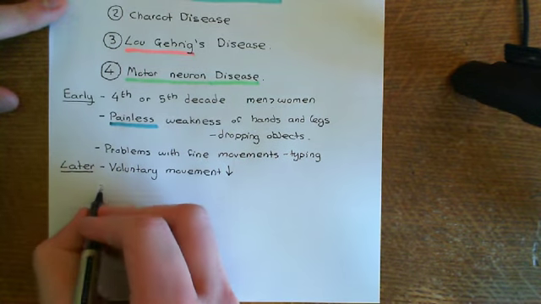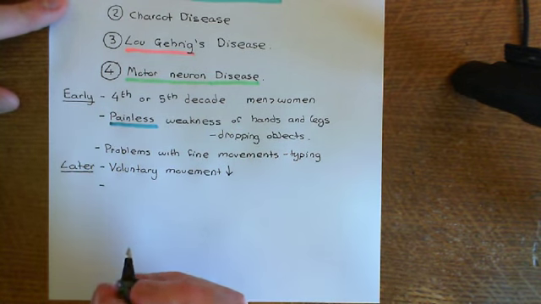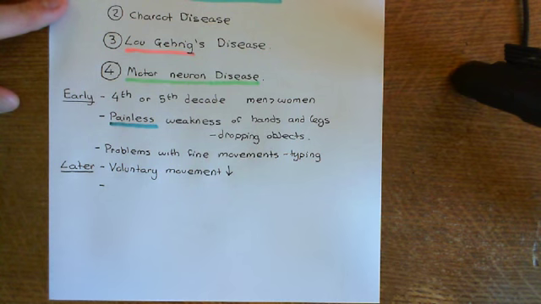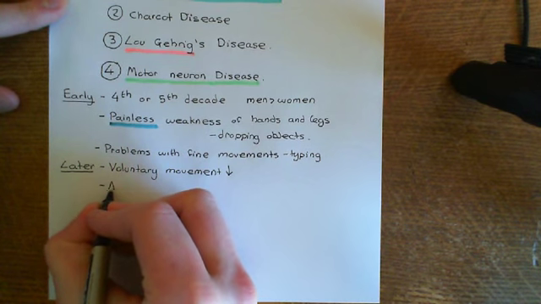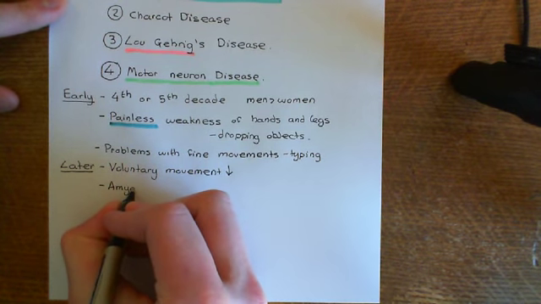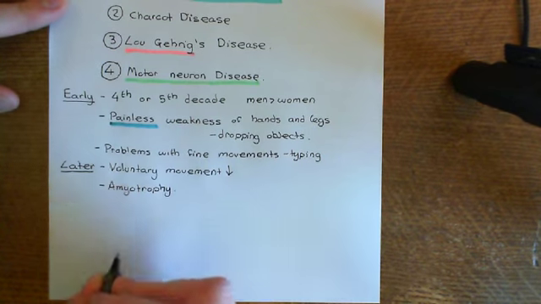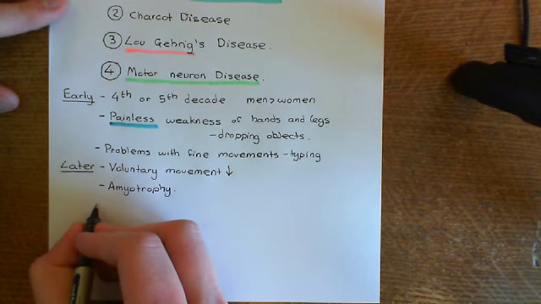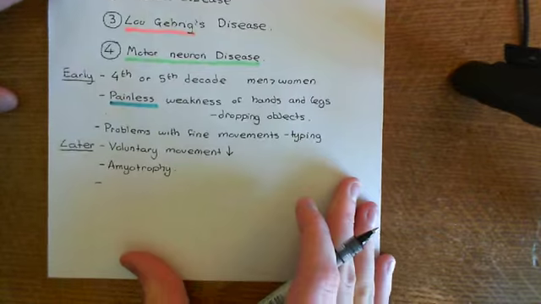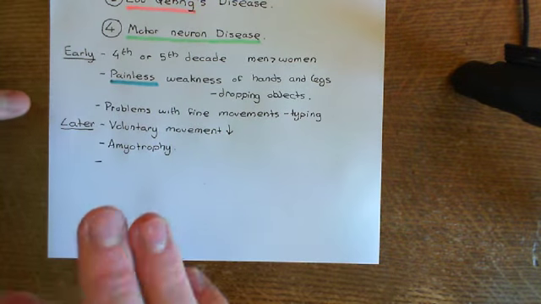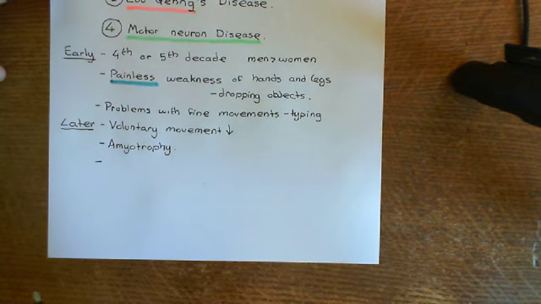In addition, when you lose those motor neurons that are innervating the skeletal muscle fibers, the other effect, as we've discussed previously, is that it causes atrophy of those skeletal muscle fibers, and that neurogenic atrophy is called amyotrophy.